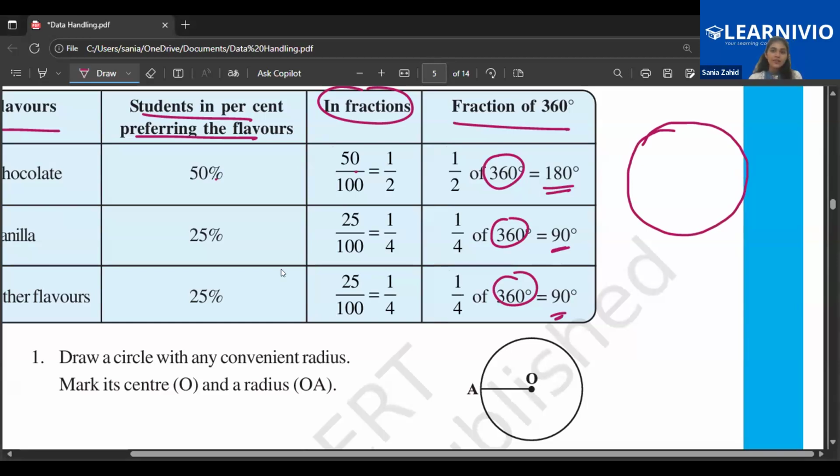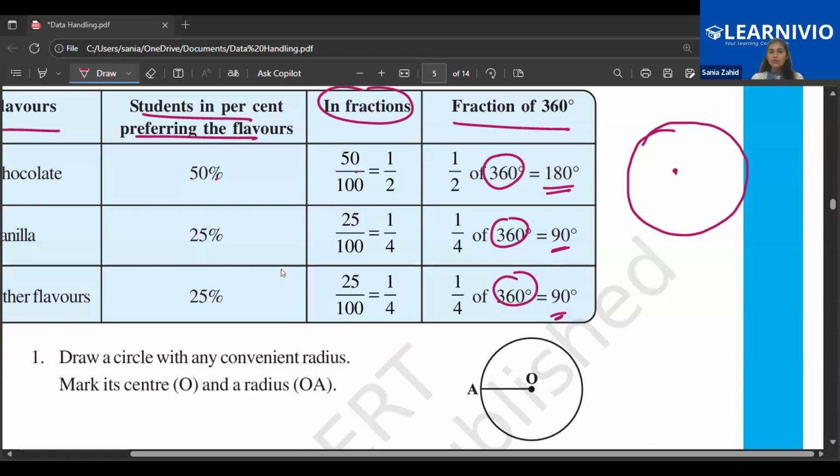Draw a circle of any radius. Everyone draw a circle. Done, ma'am. Okay, Mustafa. Done, ma'am.